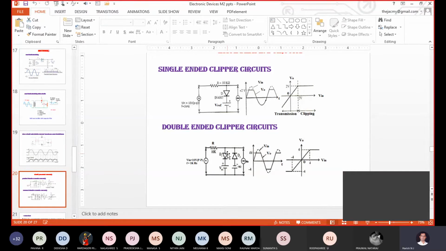With the help of which component are you going to set the position for removing some portion of the output waveform? See the circuit diagram. You will get the answer.